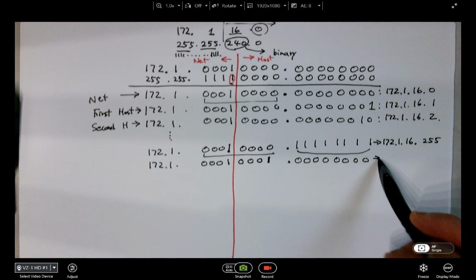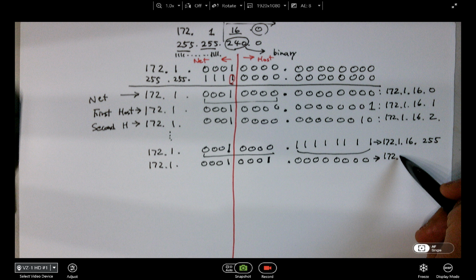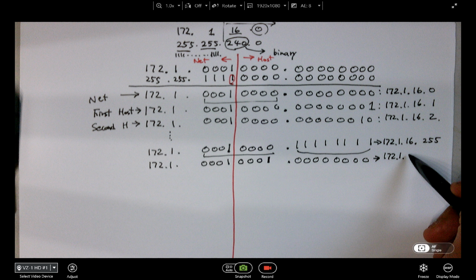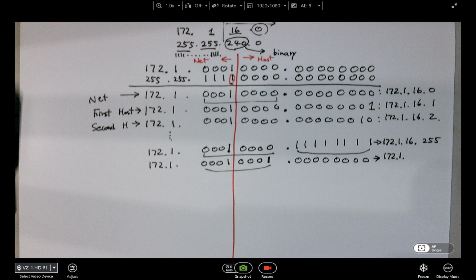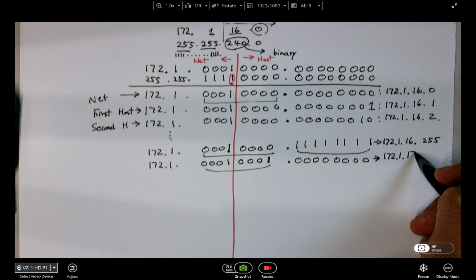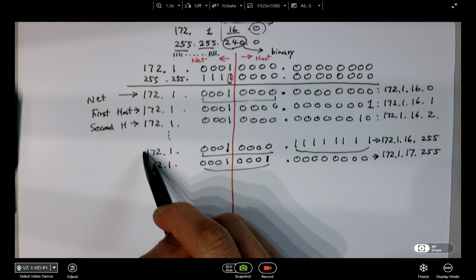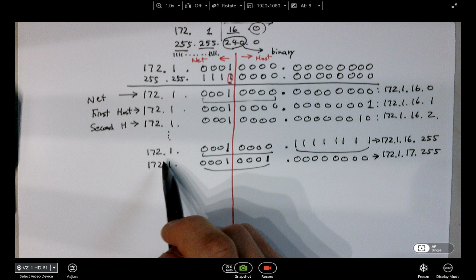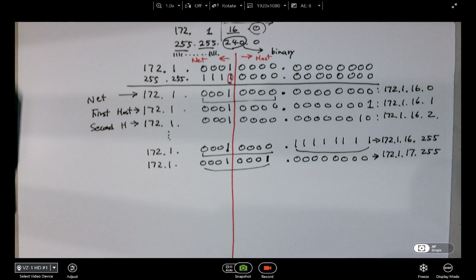So this IP address is 172.1 dot, and this one is a 17. So 17.255. Okay. This is going to be the host IP address, and this IP address is going to be somewhere in the middle in the IP table.